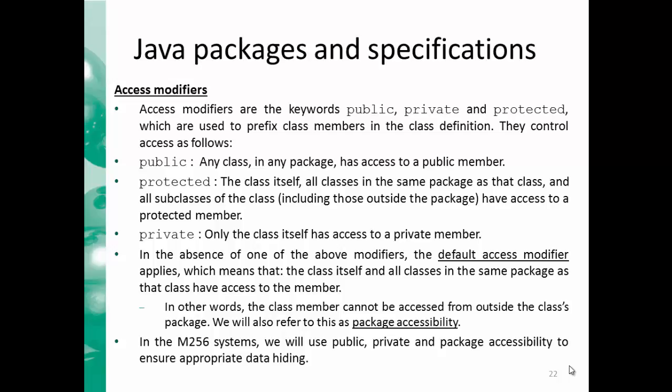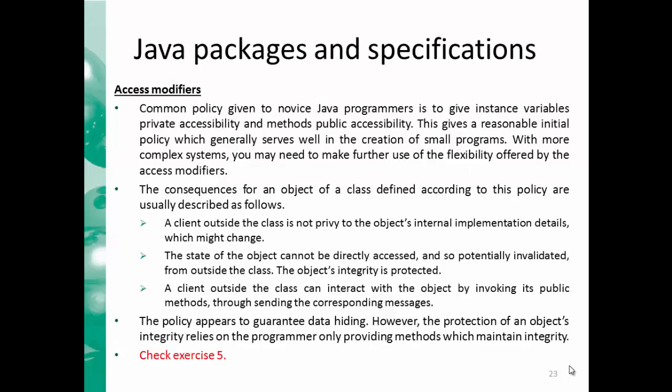A very special case, the private member will be accessed only by the class itself. And the last specifier in Java is the package specifier, means when the member is defined as package specifier, and that will be by default without labeling it with package, it will be accessed only by classes in the same package.